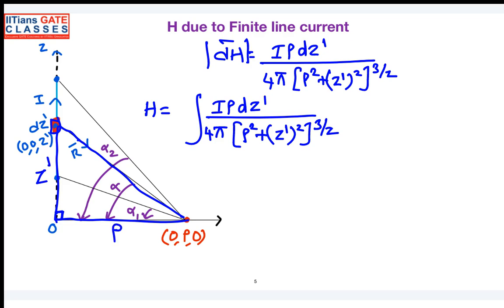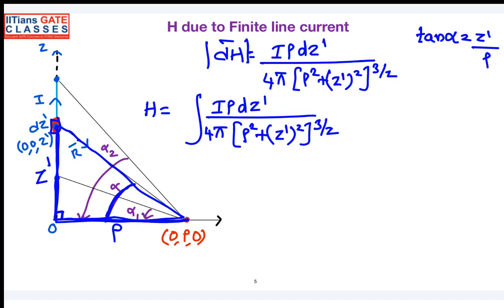So what is the value of tan alpha here? Tan alpha is nothing but the opposite side z prime divided by the adjacent side, that is rho. This is your alpha, so tan alpha will be z prime divided by rho.